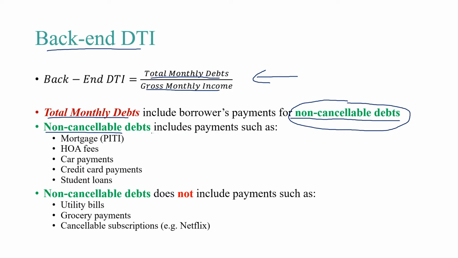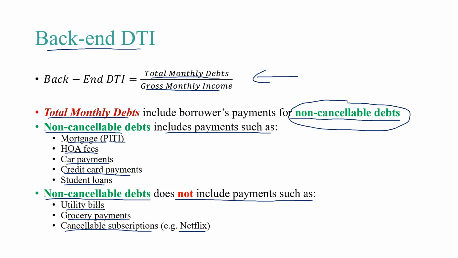Non-cancelable debts include payments such as the mortgage or the PITI payment, HOA fees, car payments, credit card payments, and student loans. Now, non-cancelable debts do not include payments such as utility bills, grocery payments, and cancelable subscriptions such as a Netflix subscription. A question stem on the NMLS exam may want to confuse you, so they may include utility bills and expect you to include the utility bill as one of the total monthly debts.